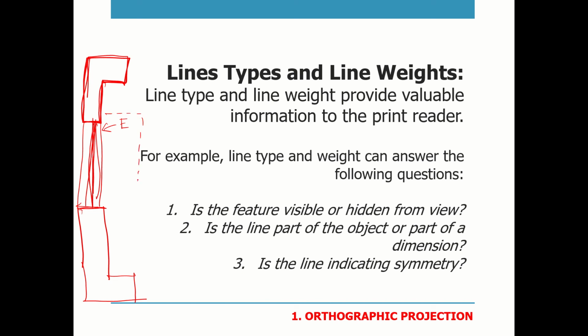You must have seen drawings like this for showing sunshades. Which means this object is above, it's not visible, but however it is there. So there are different types of line and different line weights available.